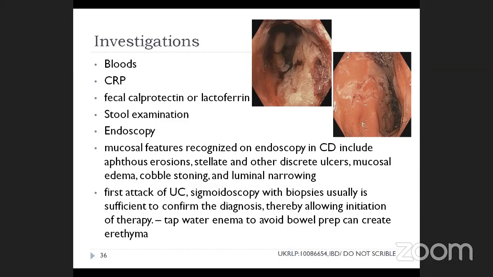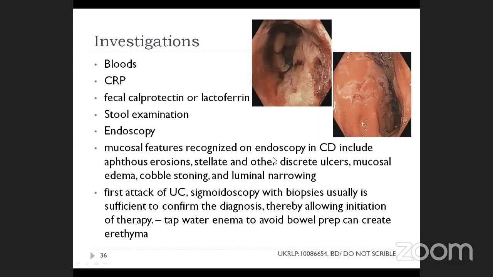Usually, for a colonoscopy or sigmoidoscopy to diagnose inflammatory bowel diseases, it is better to use a tap water enema rather than a full bowel preparation using other chemical forms of bowel preparation, because the tap water enema gives a clear picture, whereas the chemical preparation can create erythema, which can mislead the diagnosis of inflammatory bowel diseases.